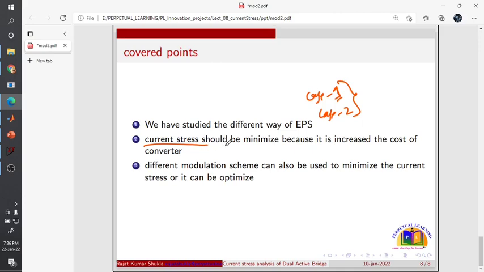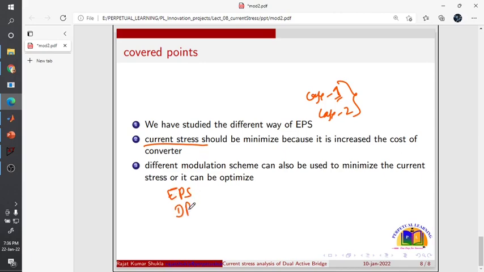Another point is that different modulation schemes can also be used to minimize the current stress. I have just shown you the extended phase shift modulation technique.